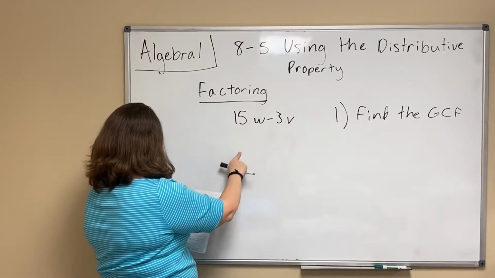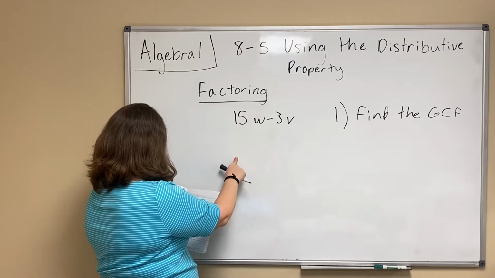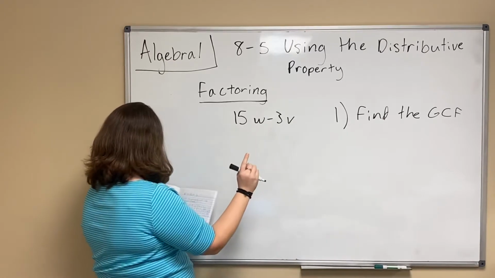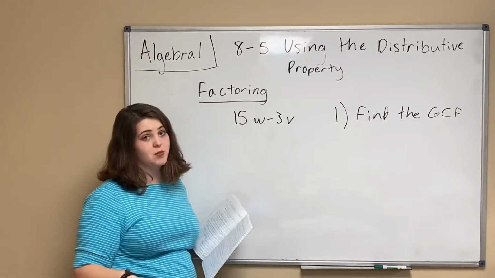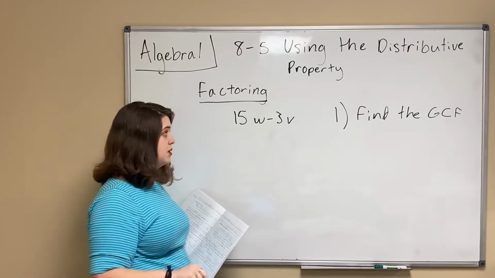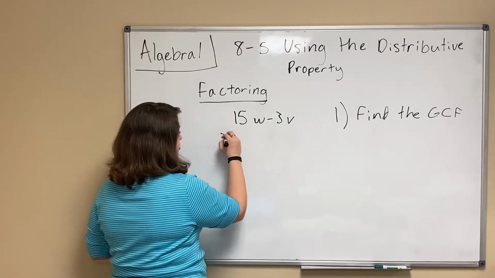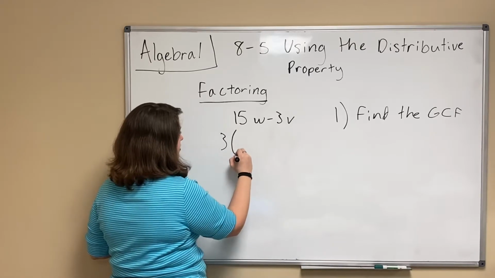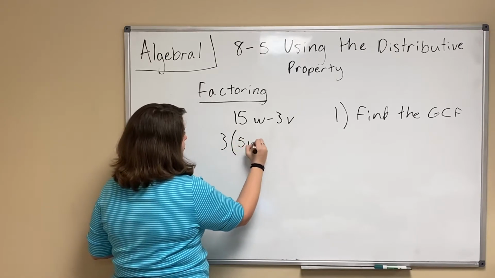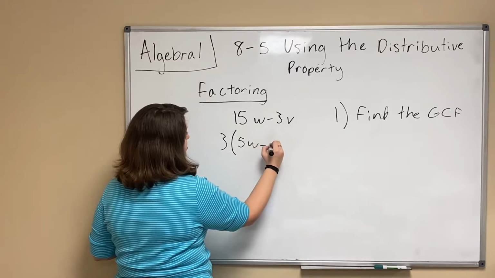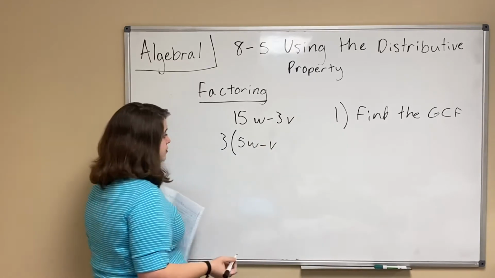When I do that, 15 and 3 can both be divided by 3, but that's the biggest number that they can both be divided by. And when I do that, what I'm going to be left with is 3 on the outside, 5w minus v.